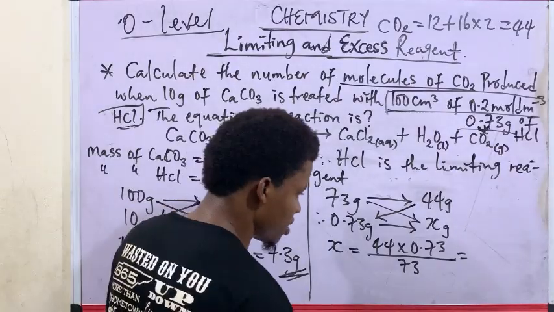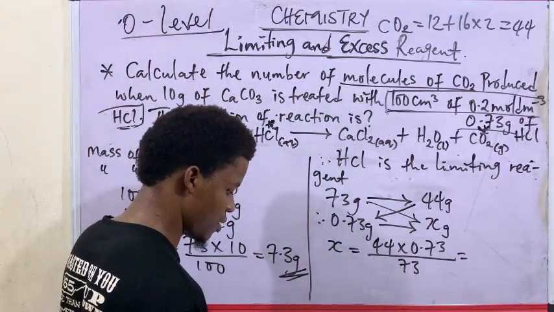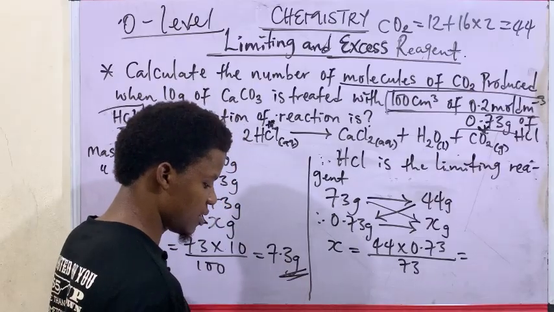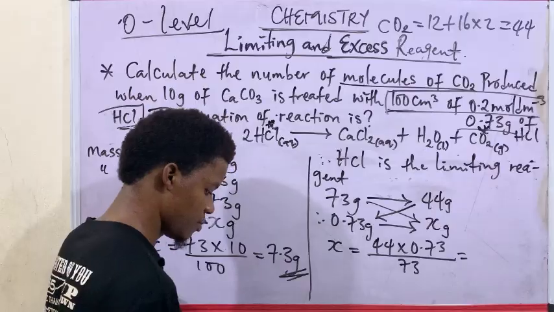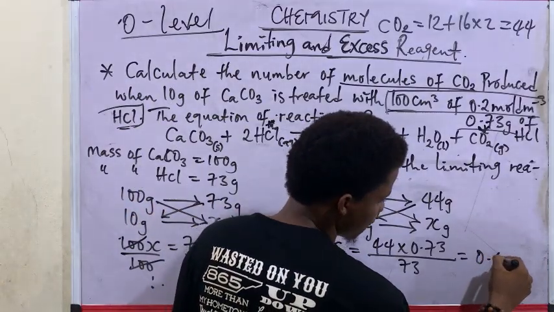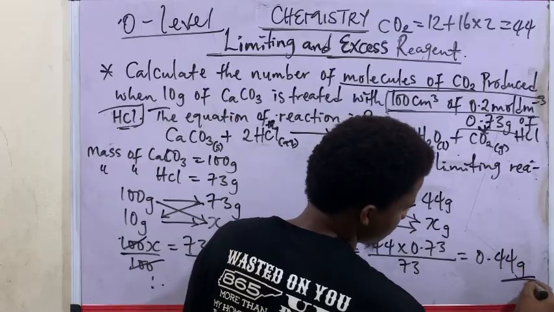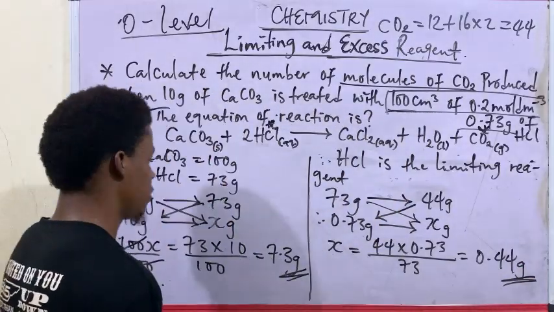Now let us put this in our calculator. We're going to get 44 times 0.73, that is 32.12, then divided by 73. We're going to get 0.44 gram.